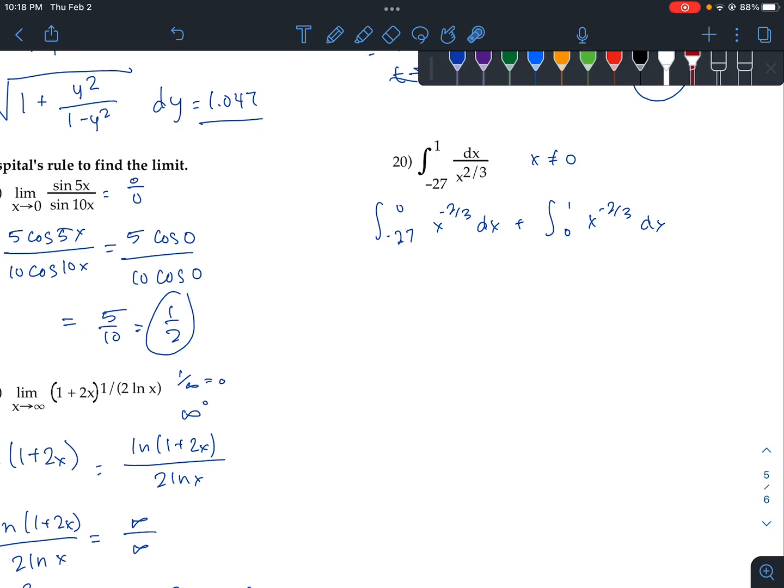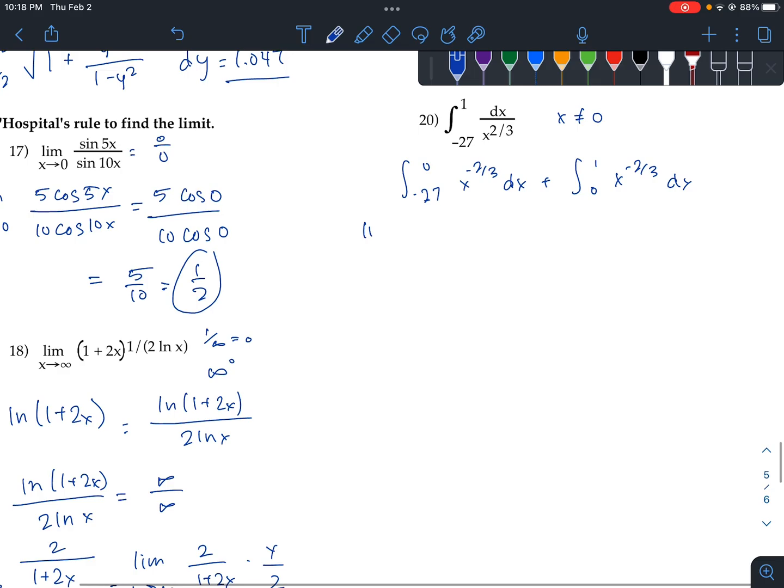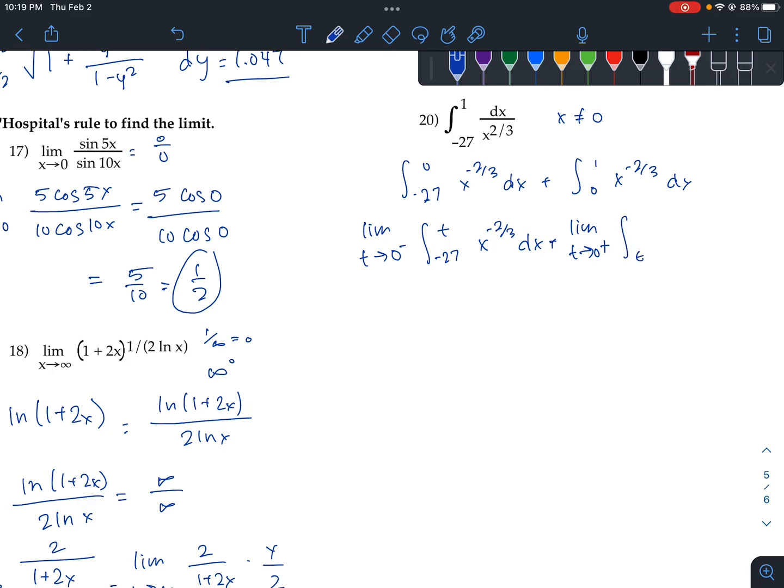Now, since this is approaching infinity, we need to write it as a limit. So the limit as t approaches 0 from the left of the integral of negative 27 to t x to the negative 2/3 dx plus the limit as t approaches 0 from the right of the integral from t to 1 of x to the negative 2/3 dx.